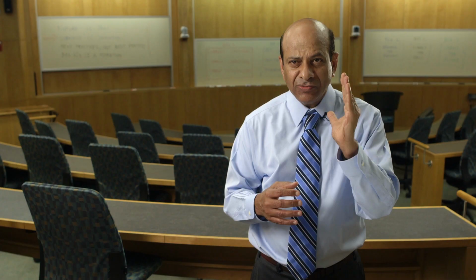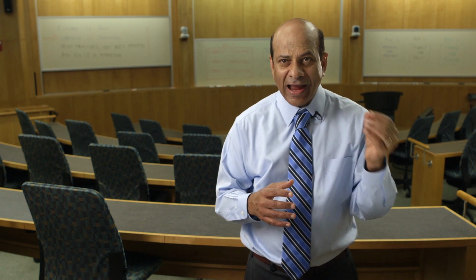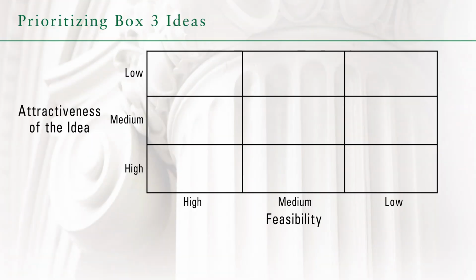What do you do? Then you have to evaluate your ideas by looking at your ability to capture the idea and the market attractiveness using, again, this 3 by 3 matrix. There could be an idea where the attractiveness is medium and your ability to capture that idea is high.